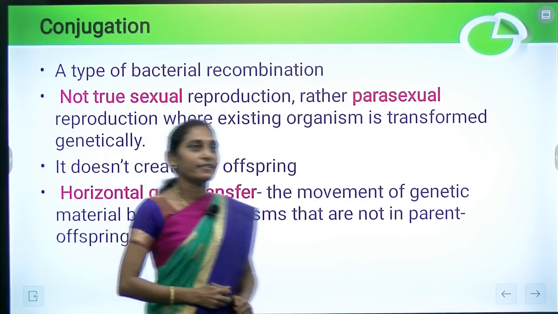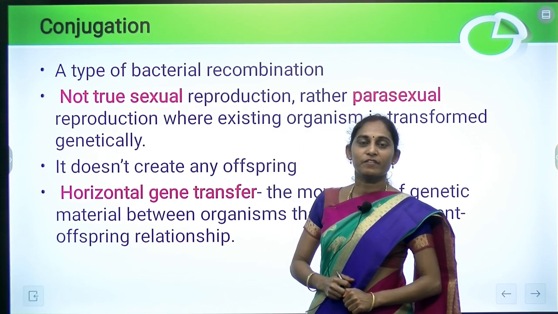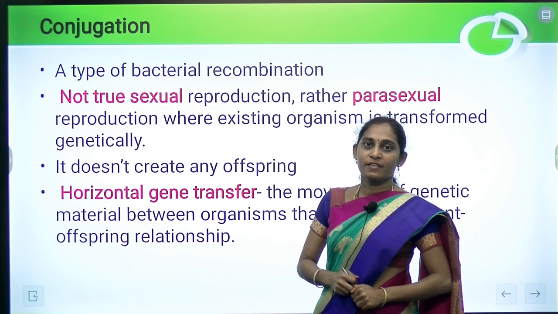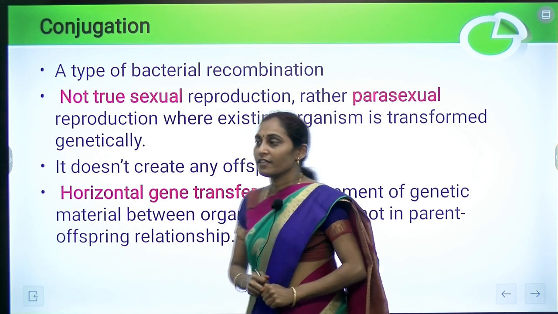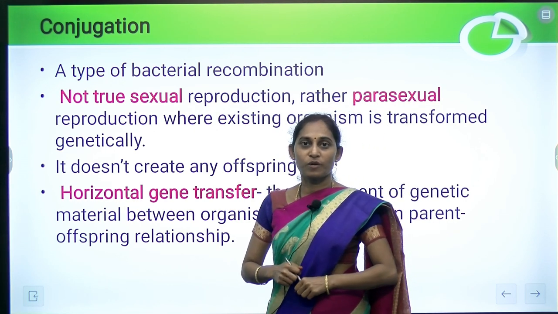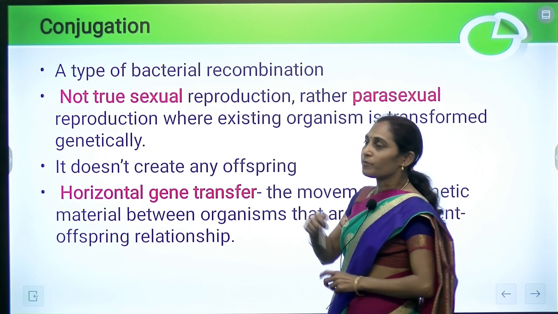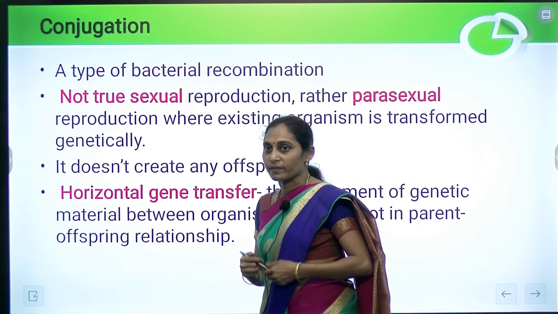This is nothing but transfer of genetic material between two bacterial strains which are in direct contact with each other. It is not considered a true sexual reproduction because after the process it does not generate any new offspring.